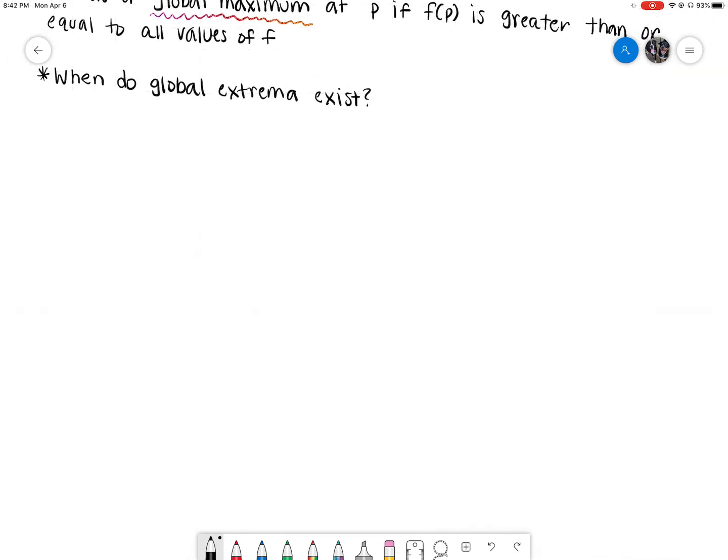And extrema, that's just kind of the catch-all word for a minimum or a maximum. So this next theorem is able to answer our question. This is theorem 4.2. It's called the extreme value theorem.